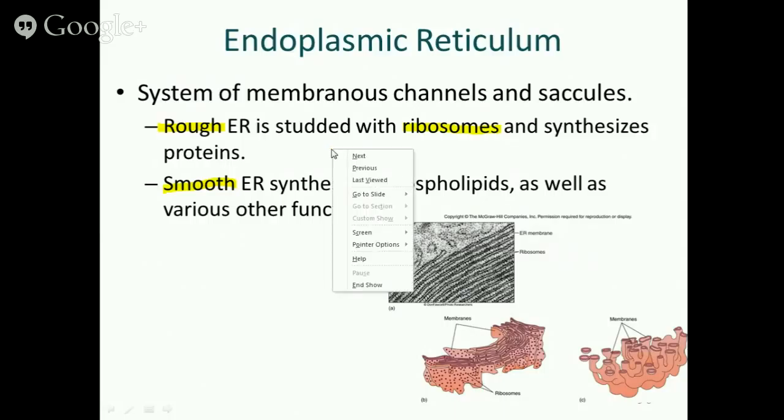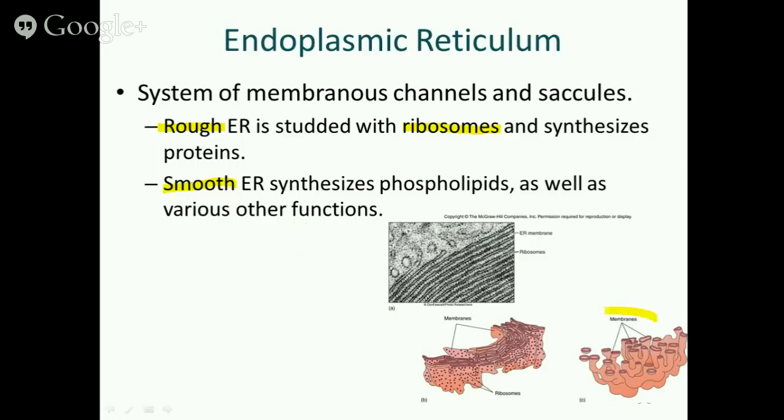The smooth endoplasmic reticulum, it's over here to the right, does not have the little ribosomes stuck to it. So probably not making protein there, right? The smooth endoplasmic reticulum does something else. The smooth endoplasmic reticulum is the place where we build lipids, okay?